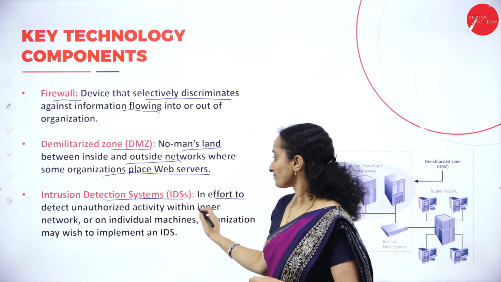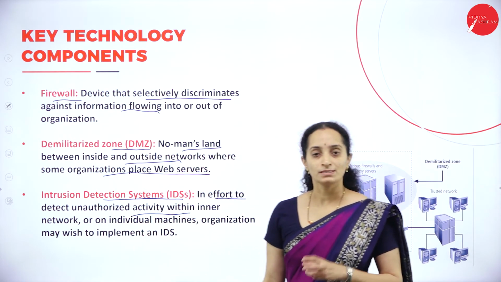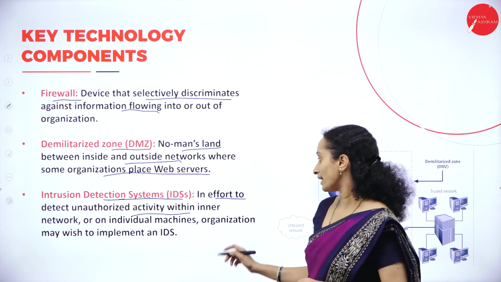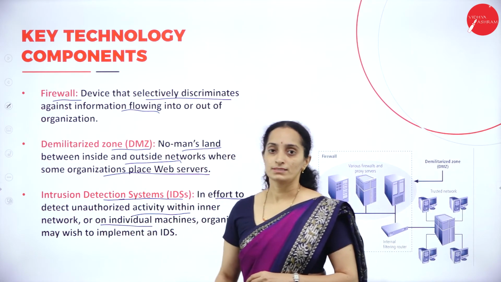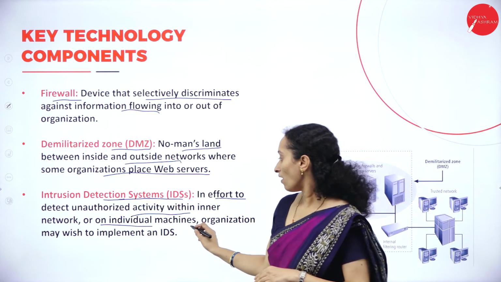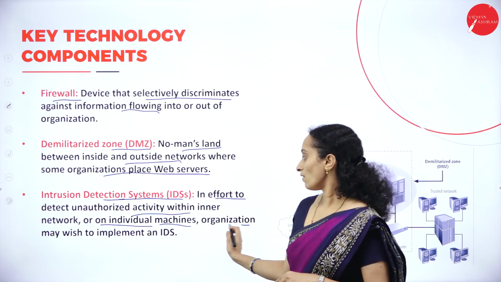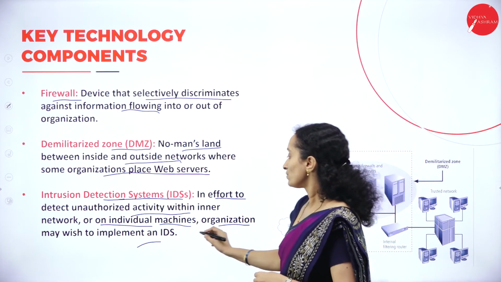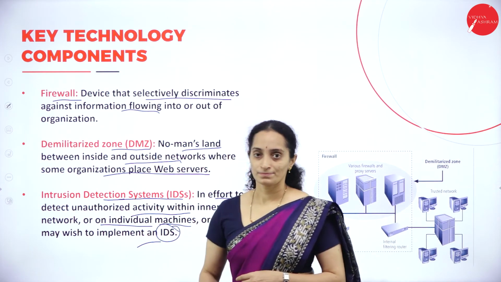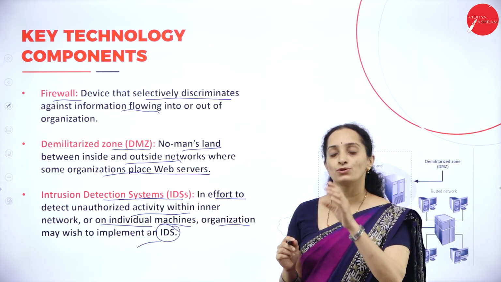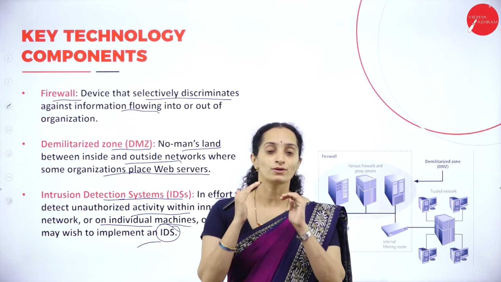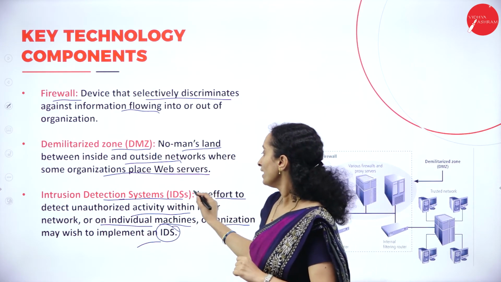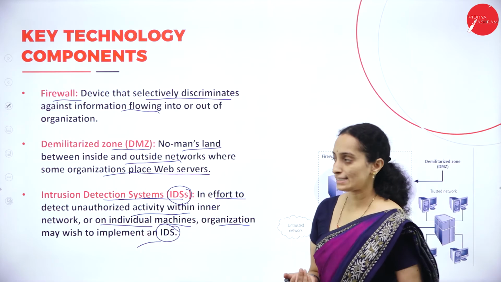You can have systems and tools for detecting intrusion by outsiders, which may be within the network or on individual machines, in the organization or outside the organization. Using different IDS systems, you can get notified about unauthorized access of the data.